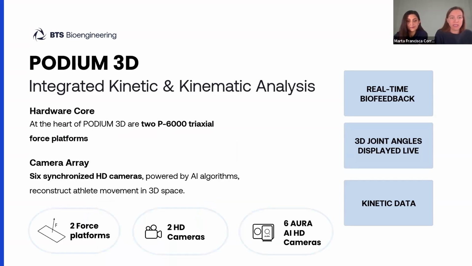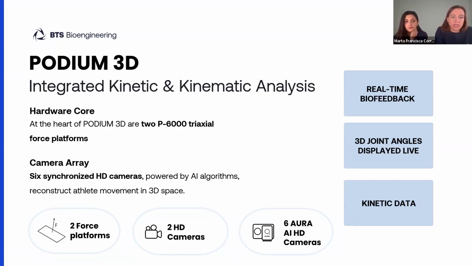Here you have the Podium 3D, the next level. In this case, you have two P6000 force plates, the same as the previous configuration in terms of force plates. You have two HD color cameras for superimposed vectors and also real-time biofeedback.